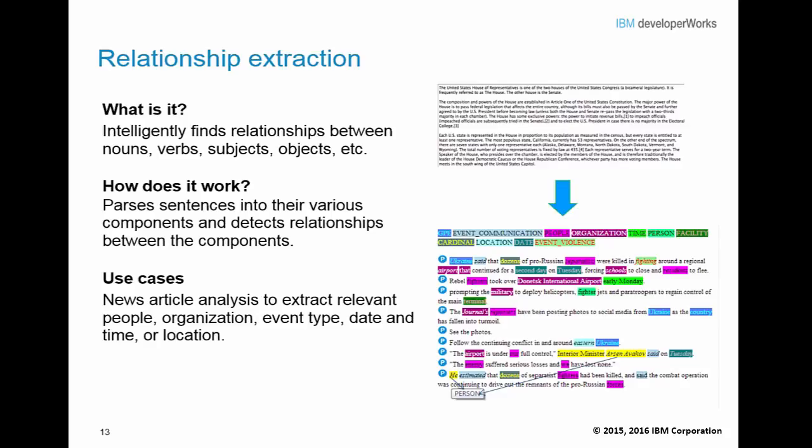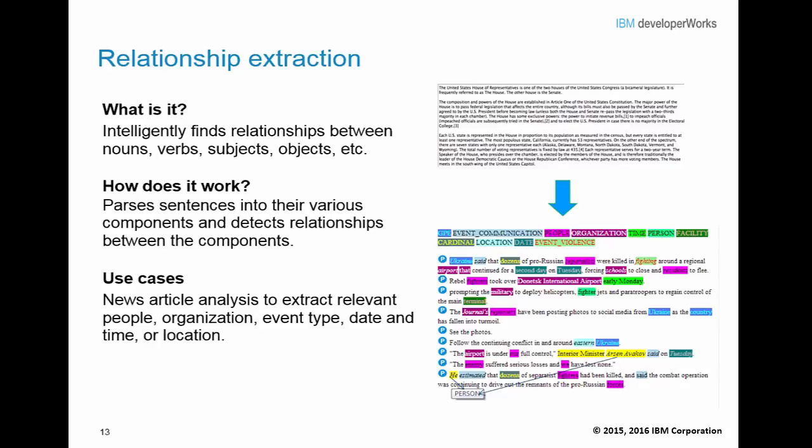Sentence components include parts of speech, for example, noun, verb, adjective, conjunctions, and functions. Relationship extraction maps the relationships between the components so that users or analytics engines can more easily understand the meaning of individual sentences and documents.